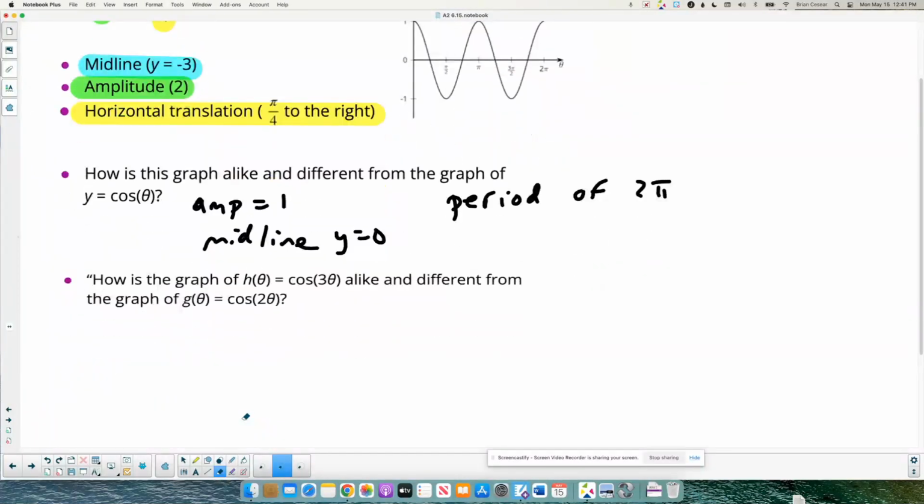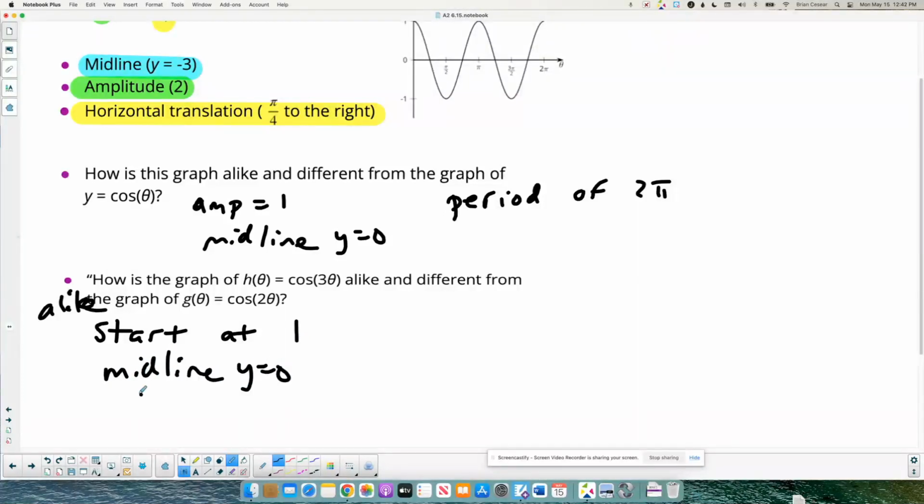All right. Next question. How's the graph of h of theta equals cosine 3 theta alike and different from the graph of g of theta equals cosine 2 theta? So they're alike that they start in the same spot. They're different that they have different period lengths. So we'd say alike, start at 1, because they're both cosine graphs. Midline on all of them is y equals 0.